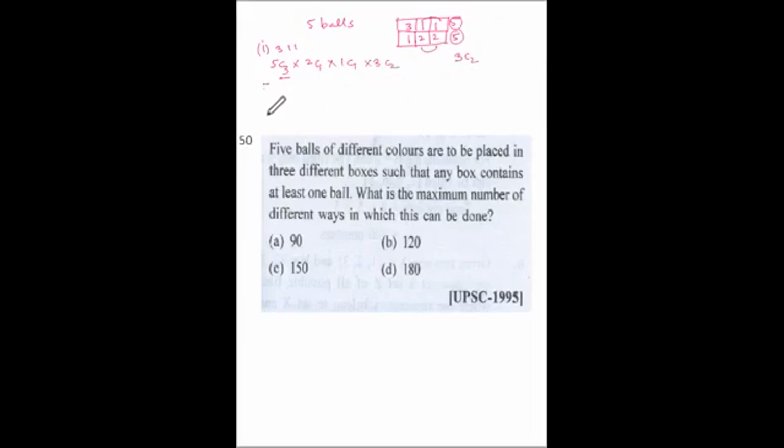So this is factorial 5 upon factorial 3 into factorial 2, into factorial 2 upon factorial 1 into factorial 1, into 1 factorial upon 0 factorial 1 factorial, into 3 factorial upon 2 factorial and 1 factorial.